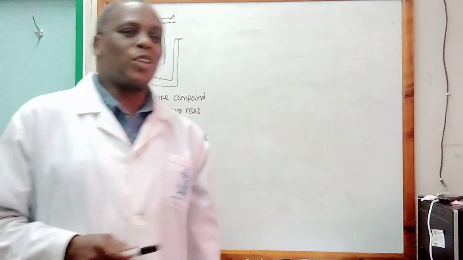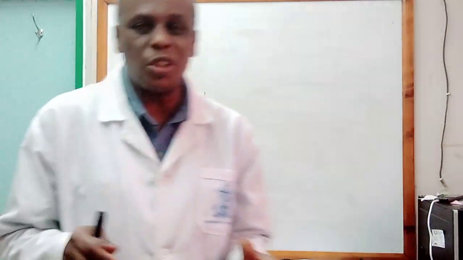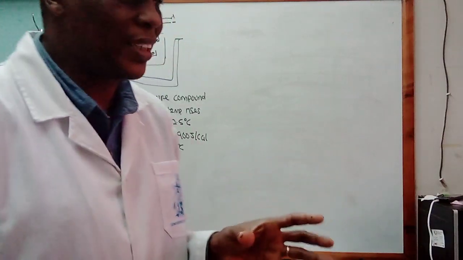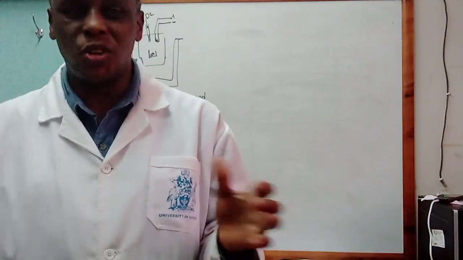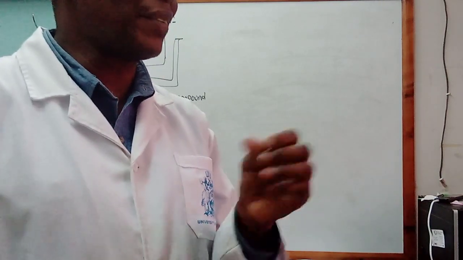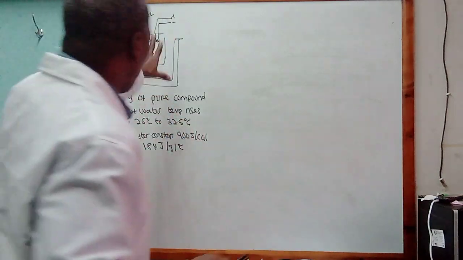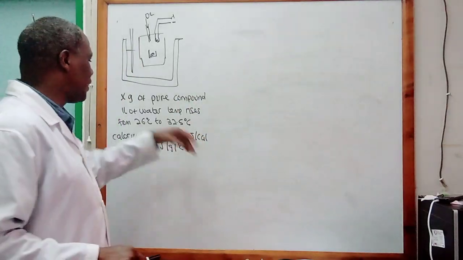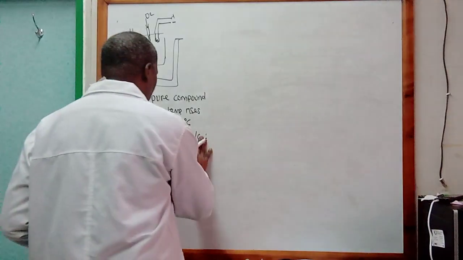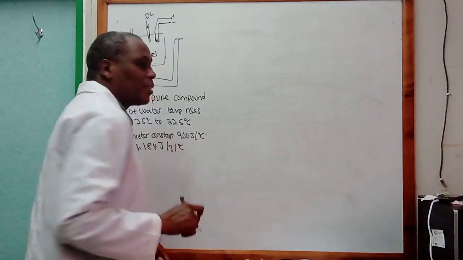One is that you can be told there is an experiment in which you determine the calorimeter constant. It means that you burn a standard compound, normally benzoic acid, which has a known heat to be released, and from there you determine the calorimeter constant. But in this case, let's say you've just been given that value, 900 joules per degree Celsius.